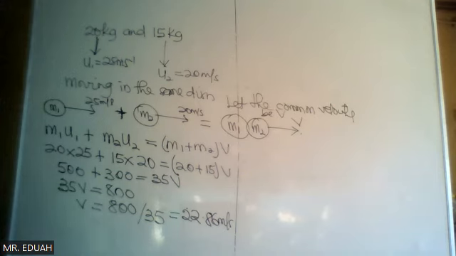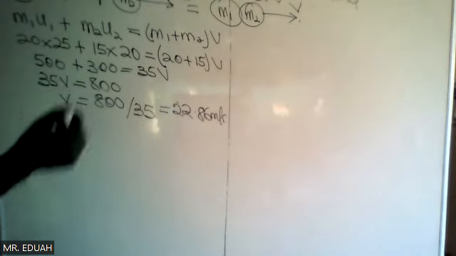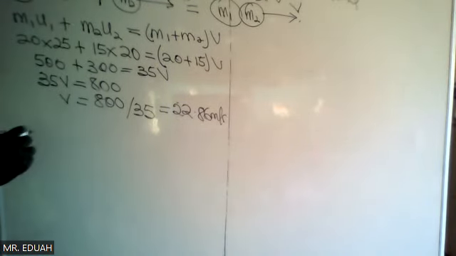Then if they are moving in the opposite direction, all that changes is that one of the masses has a velocity opposite to the other.